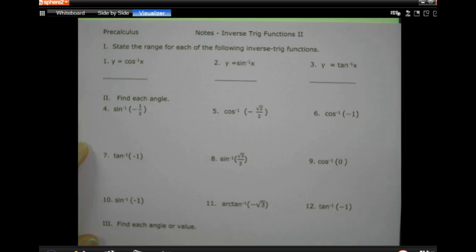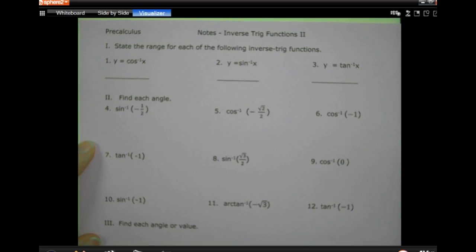I think they're blue, yes. Okay. That's the homework. That's it. Angel, hold that up. That's it. Yes, that's the homework.